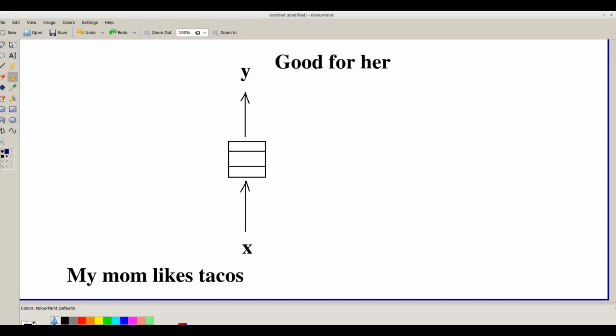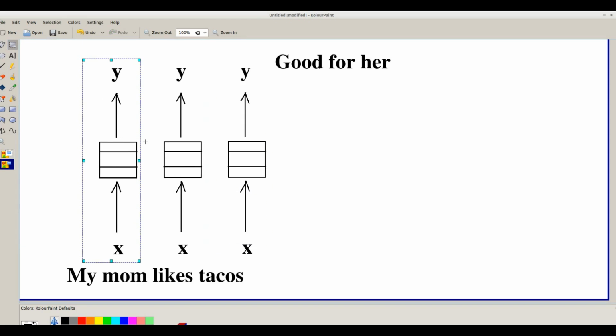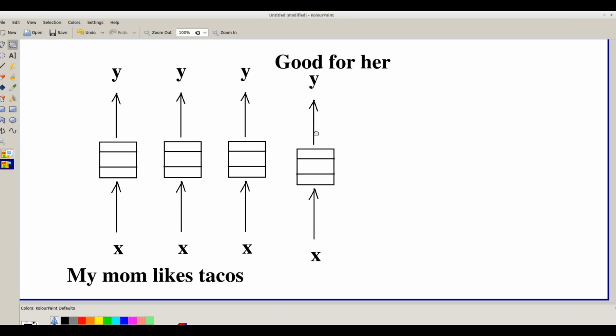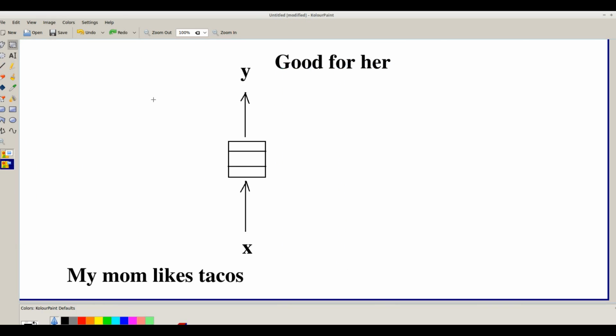So let's unfold this through time, like this. Actually, I want to get rid of these layers for right now, so I can say it's a general purpose model.